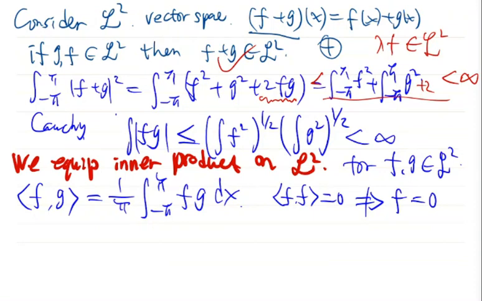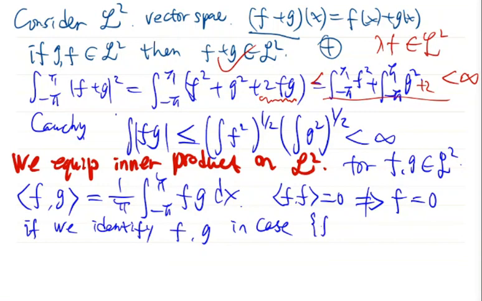But if we consider two functions which are different at a very, very small number of points, and we identify the two different functions as the same function, that is, we identify f and g in case the set where f is not equal to g is of measure 0.